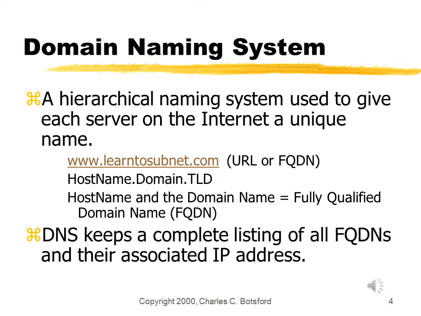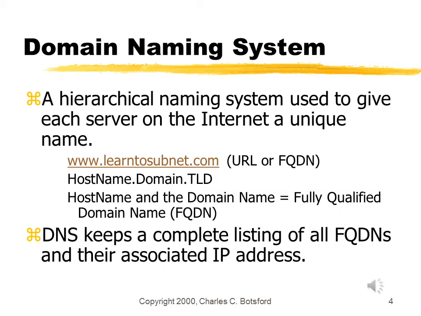Then the name on the farthest left is always the host name, which is really the name of the computer you're connecting to. When you take the host name and add the domain name plus the top level domain name, we have a complete domain name, what we'd call a FQDN, a fully qualified domain name, also what we call a URL.